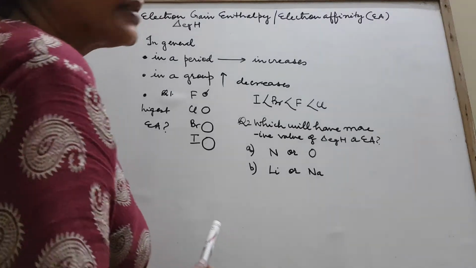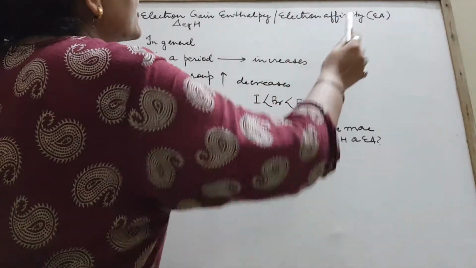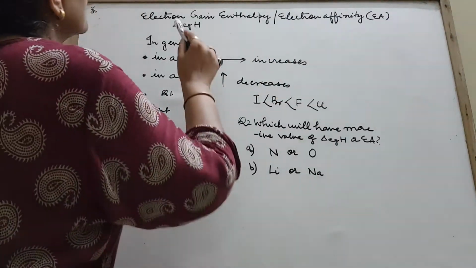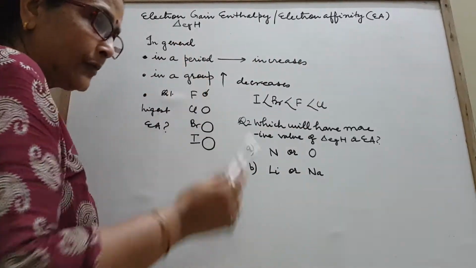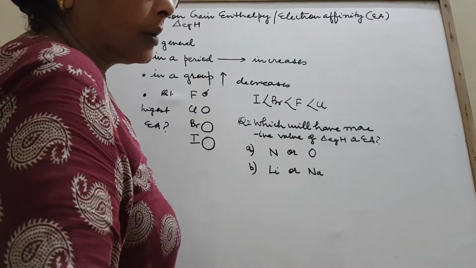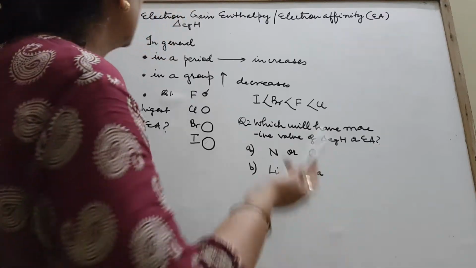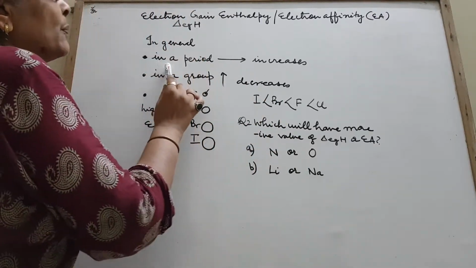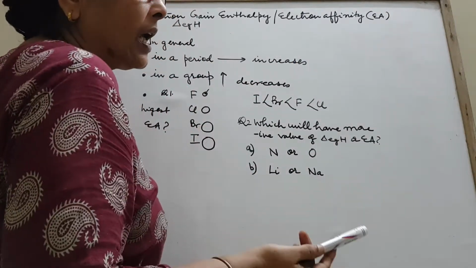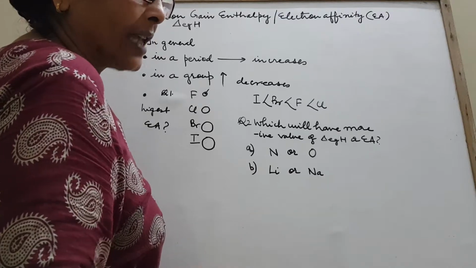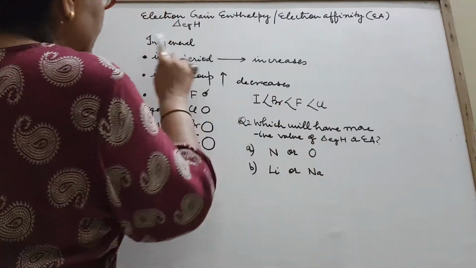Now children, we will see some questions based on electron gain enthalpy or electron affinity. So delta EGH, or say EA. As we have discussed in the last video how the factors are affecting the value of EA, electron affinity, let us see in general in a period, if we move from left to right, the value of EA or electron gain enthalpy goes on increasing in general.